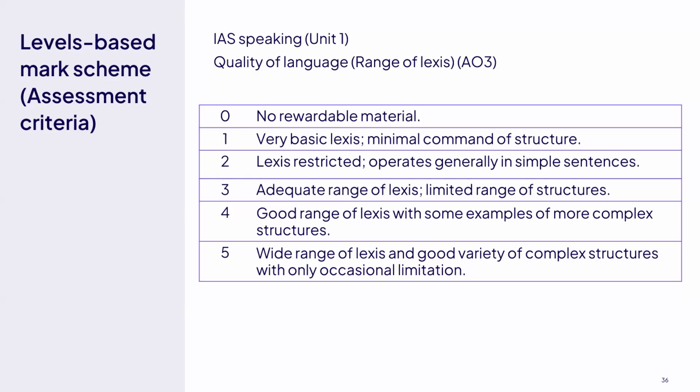So with those descriptors, we choose the best fit rather than the exact descriptor. Sometimes there might be a little element of one of those descriptors that you're a bit doubtful about. But if everything else seems to fit, examiners will mark positively and they will apply that best fit idea to the mark scheme.